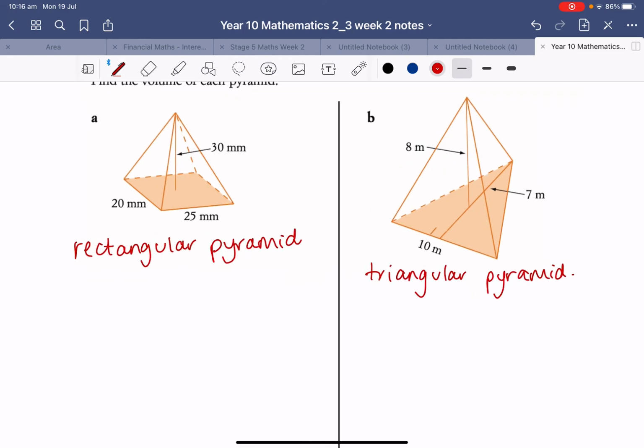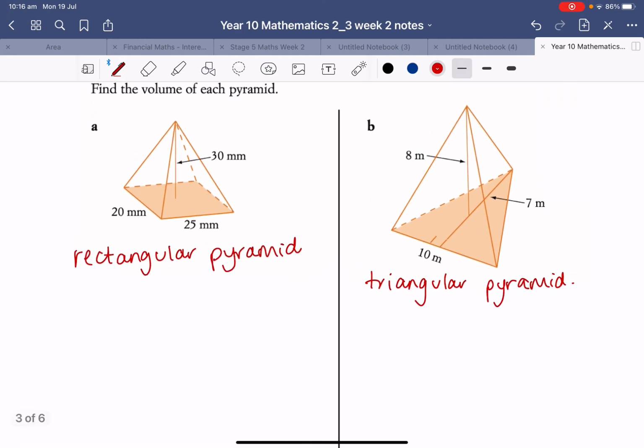Our first step, let's write down the formula for the volume of a pyramid. The volume of a pyramid equals a third times the area of the base times the height. The first step is to find our area. Find the area of the rectangle.